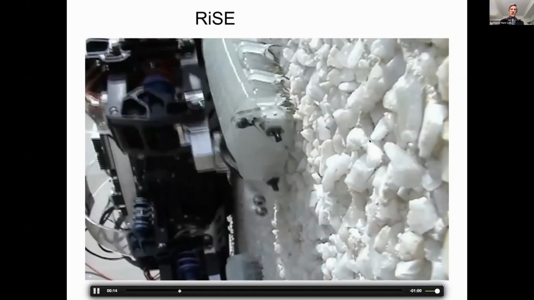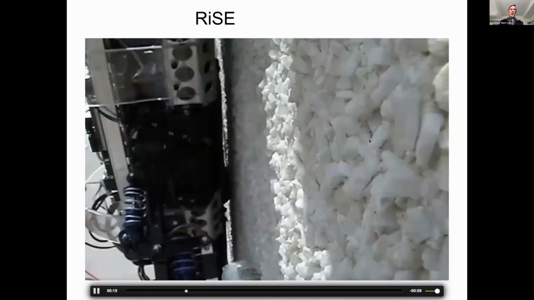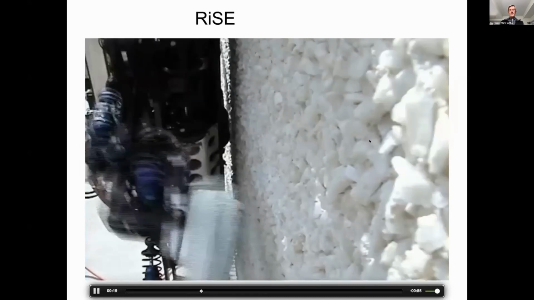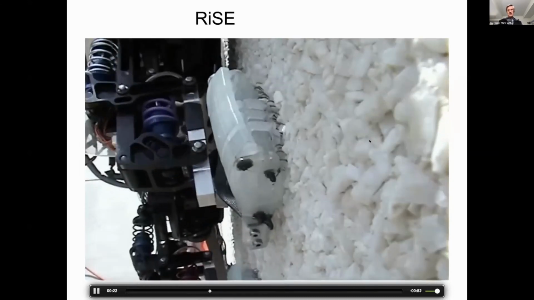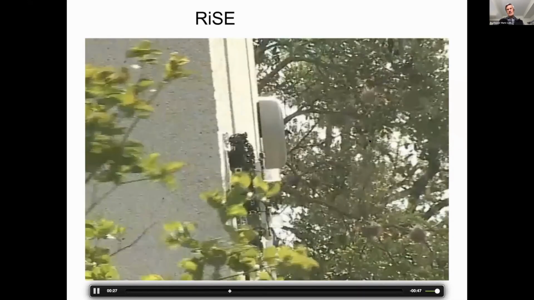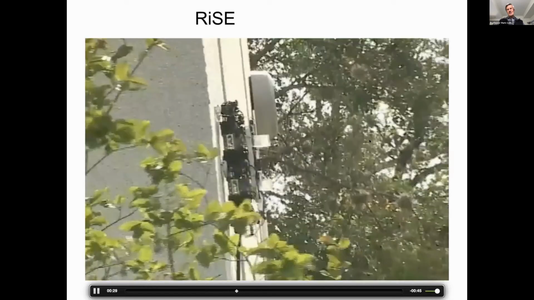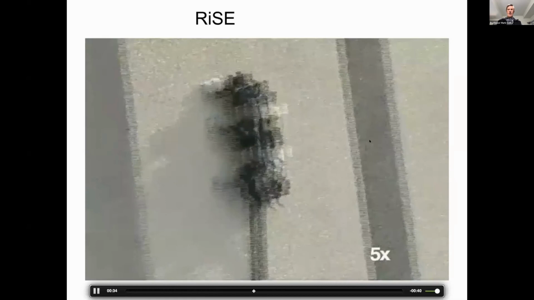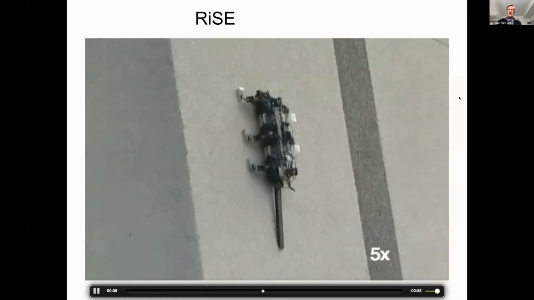And there you see our spine mechanisms that we had been working on, on the feet of the RISE robot, enabling it to climb. Okay, I'm going to move on.